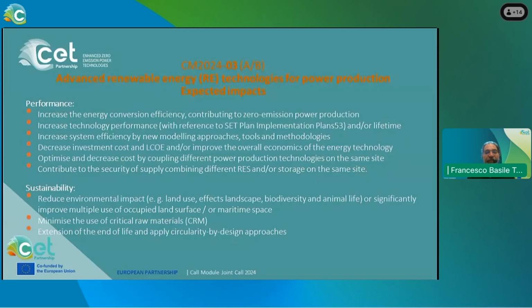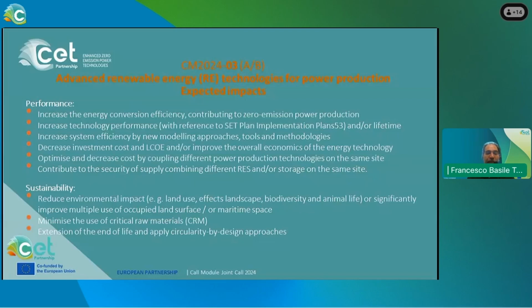Increase in system efficiency by new modeling approaches, tools and methodologies, decreasing investment costs and LCOE, and improving the overall economics of the energy technologies, but also optimizing and decreasing cost by coupling different power production and hybridizing them, and of course also contributing to security of supply, combining different renewable energy.